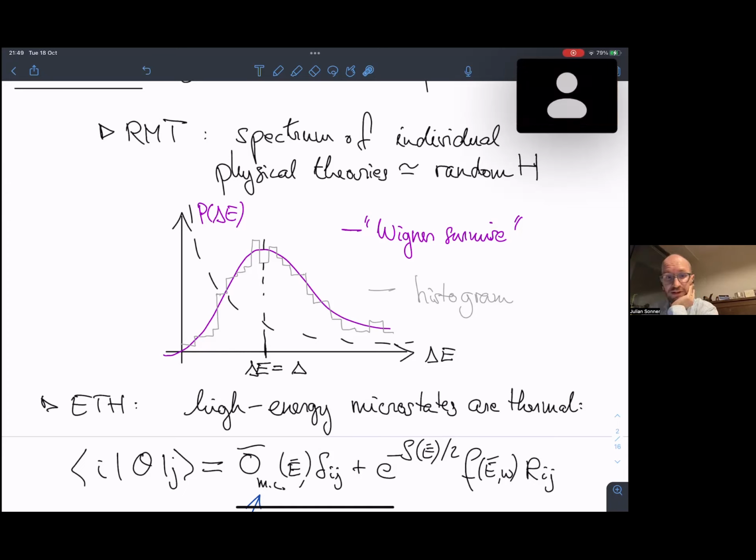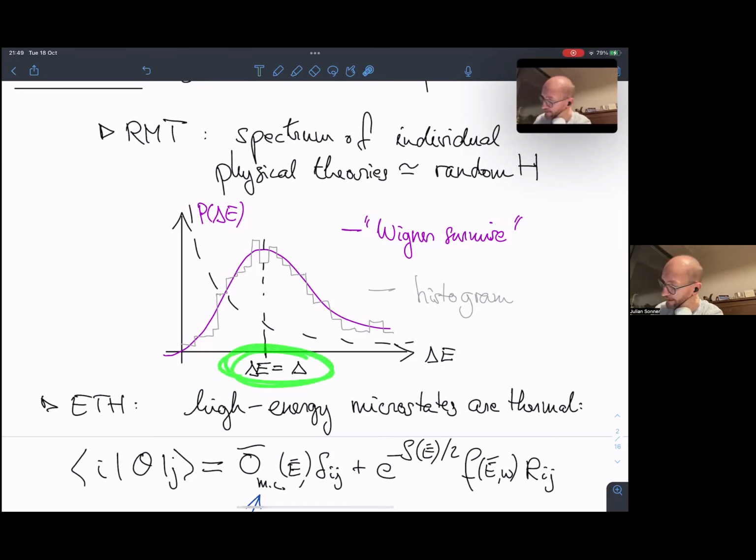I'm not saying they all have the same spectrum, but, and that's the second comment, if you look at the distribution of two levels at a scale comparable to the average separation, then you will find almost perfectly this Wigner curve in quantum chaotic systems.